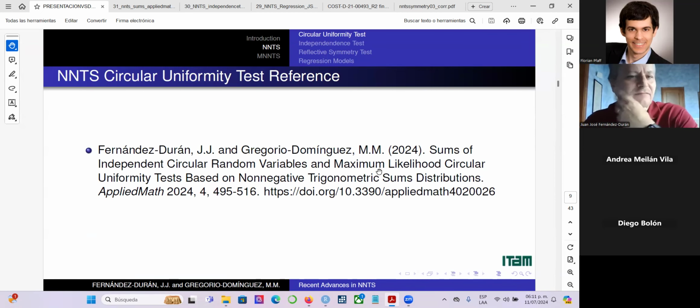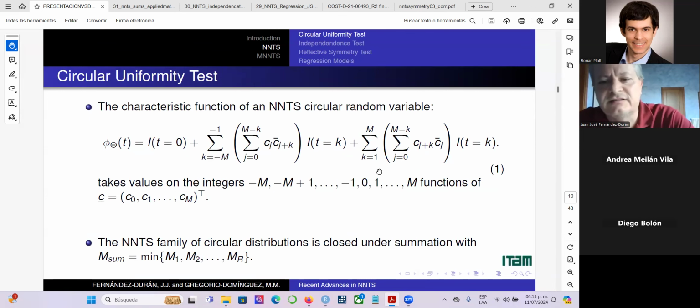The first advance that we made in these last 3 years is about circular uniformity tests using as alternative hypothesis the family of circular NNTS distributions. And what is very interesting is that if you calculate the characteristic function of the NNTS model, you find that it is just different from 0 in the discrete values from -m to m.